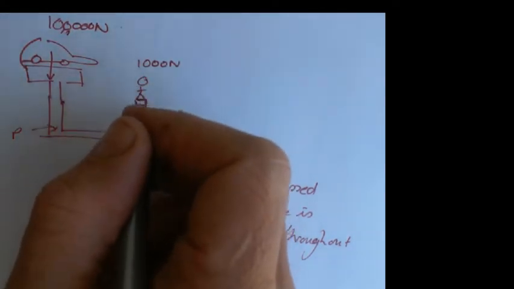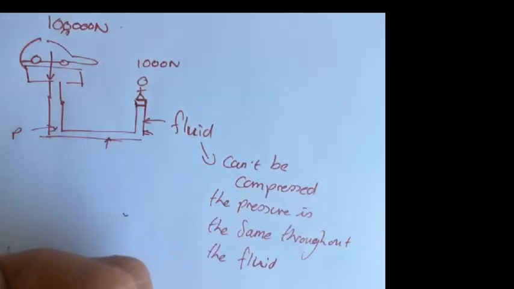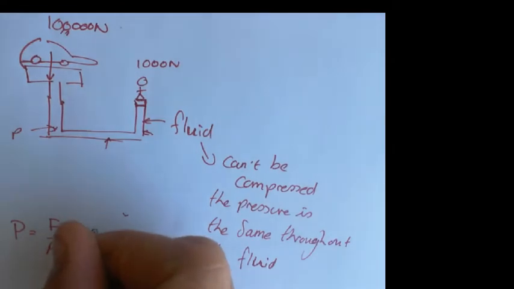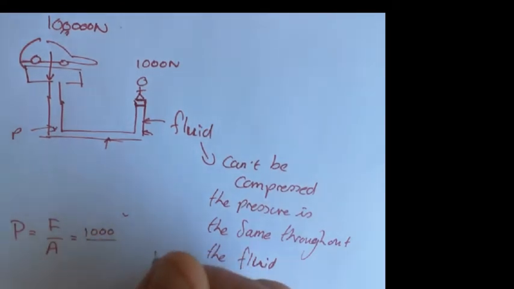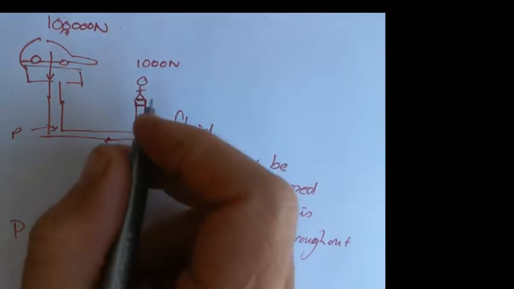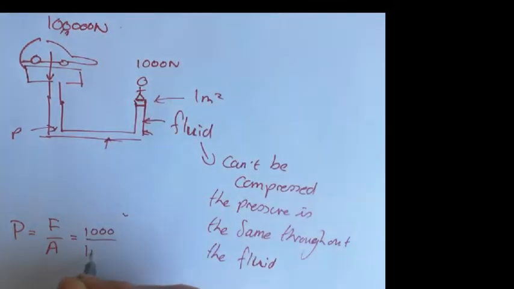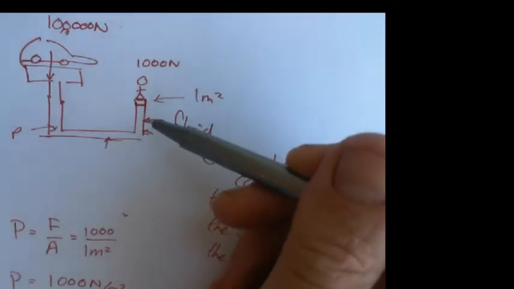Because watch, the pressure that they exert is equal to the force divided by the area. The force we know is 1,000. And if we say that that was 1 meter squared area there, then that pressure equals 1,000 newtons per meter squared. That's the pressure that he's applying there.